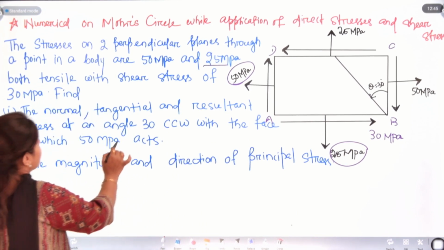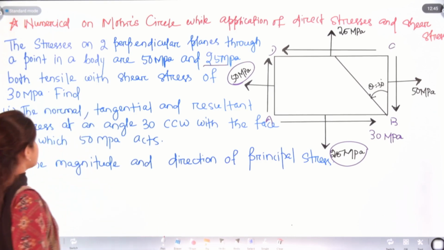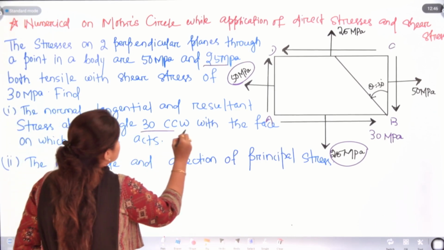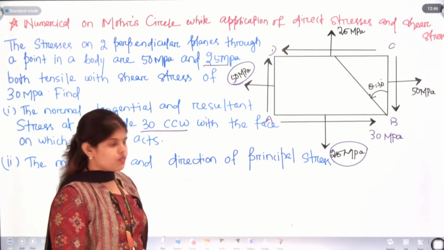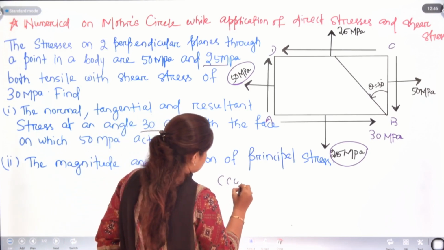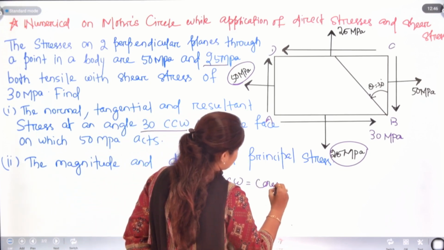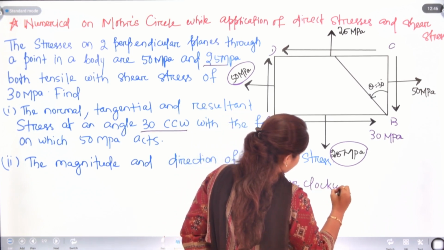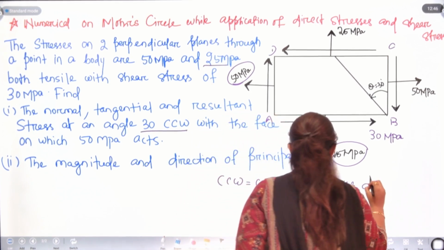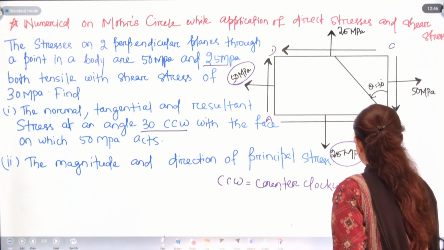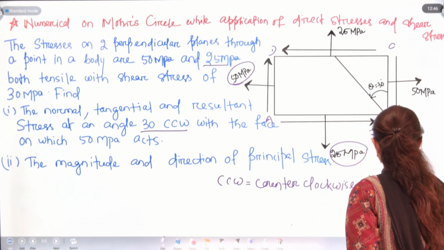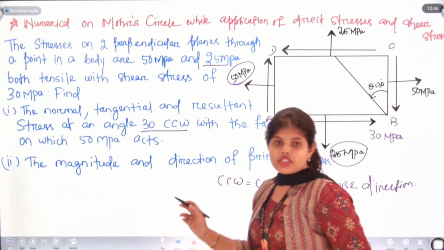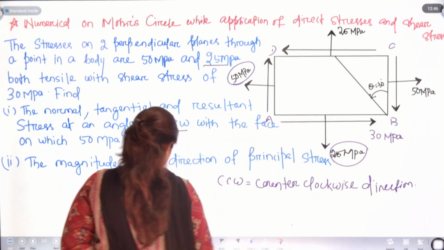Next, find the normal, tangential and resultant stress at an angle 30 CCW. CCW is what? CCW, that is counter clockwise direction. Counter clockwise direction is nothing but your anti-clockwise direction.